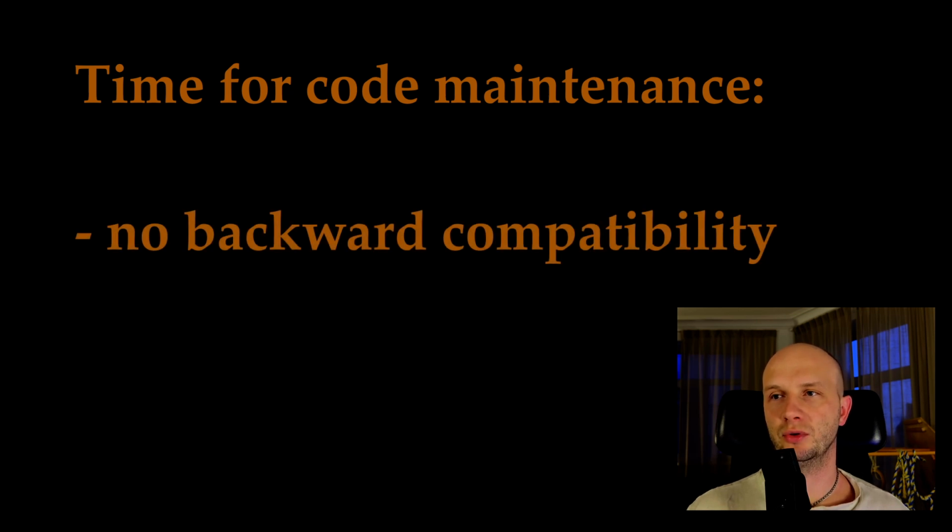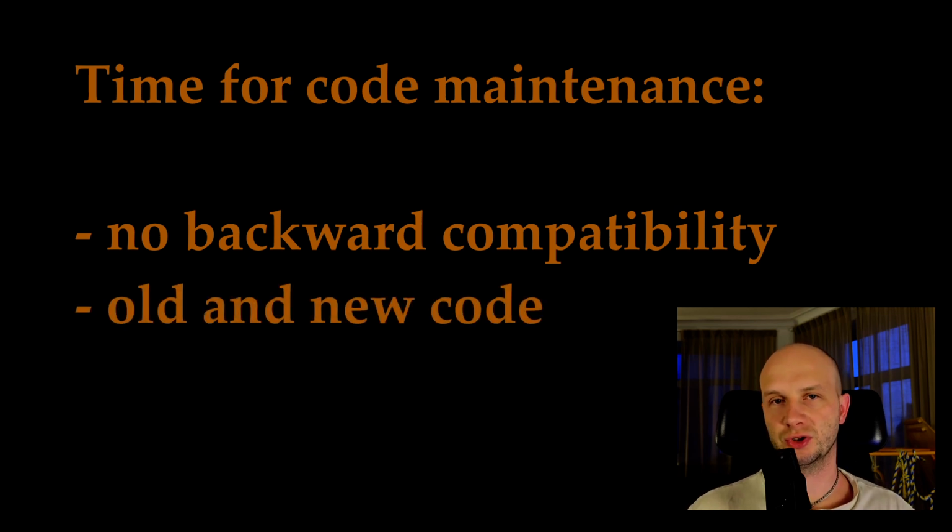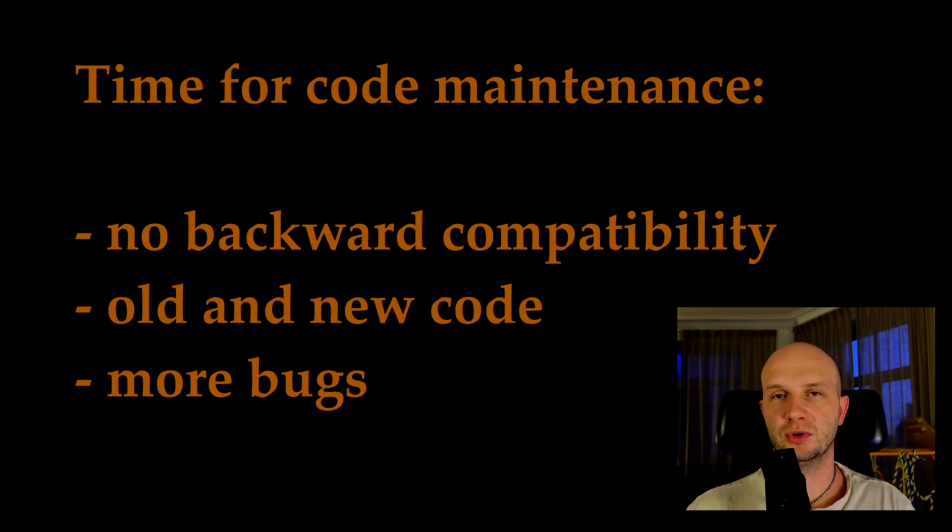And if you want to include the new features of iOS, you need to maintain both versions of your code for the old version of iOS and for the new one. So it's possible you have more bugs, and it will take more time for developers to develop new features or change something in your current application. The more time they spend, the more money you'll spend on your application.